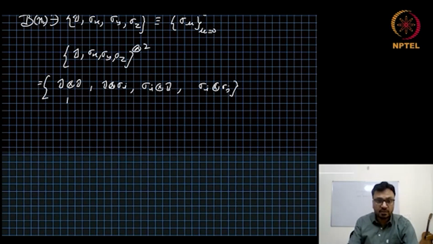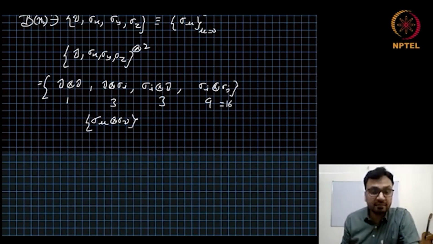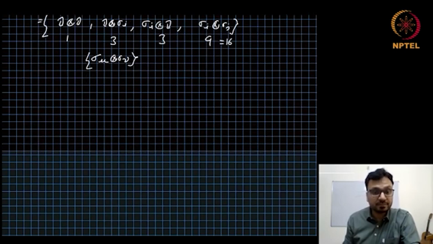So we have 1, 3, 3, and 9, a total of 16 operators. In short form, we can write them as sigma mu tensor sigma nu. This can very well serve as a basis for 4 by 4 Hermitian operators.